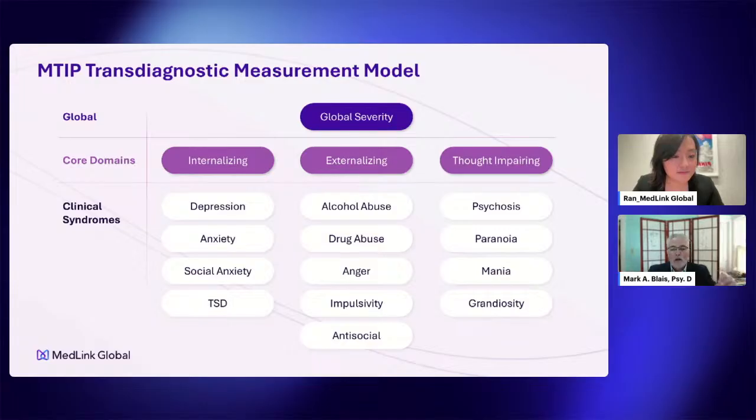These then reorganize into the 3 core dimensions: internalizing, externalizing, and thought impairing, which we have called emotional dysregulation, behavioral dysregulation, and thought dysregulation. And those 3 dimensions then are reorganized into a global level of severity.